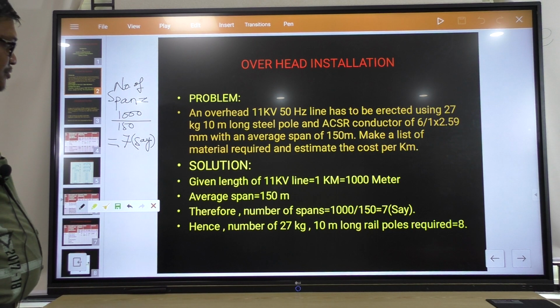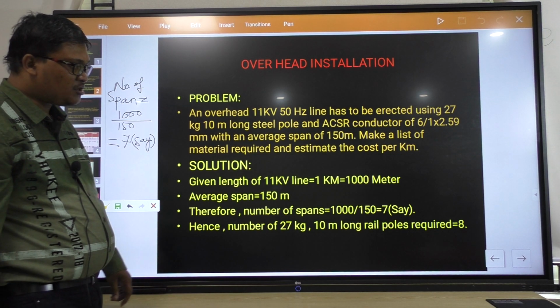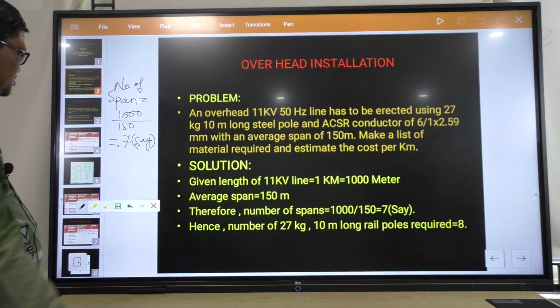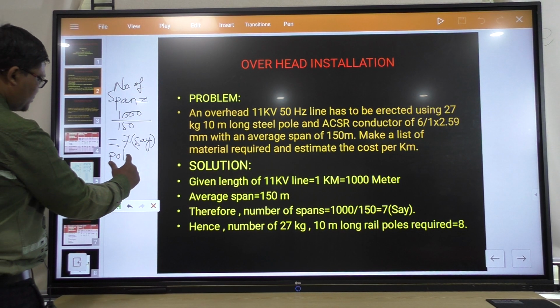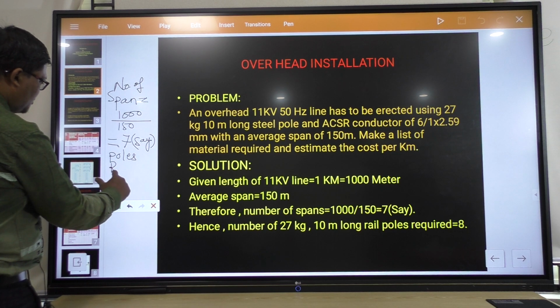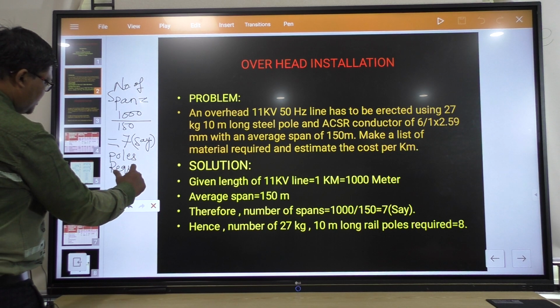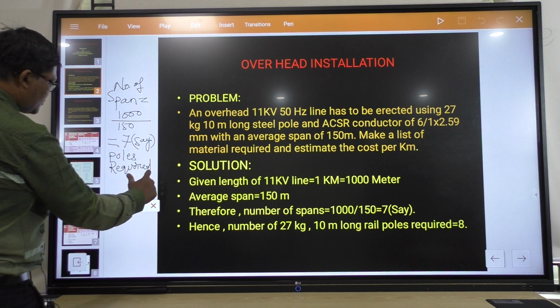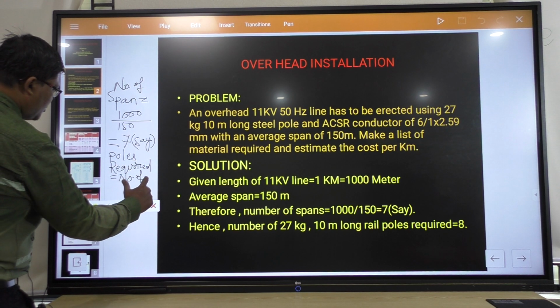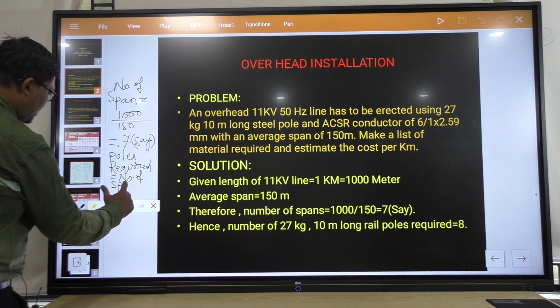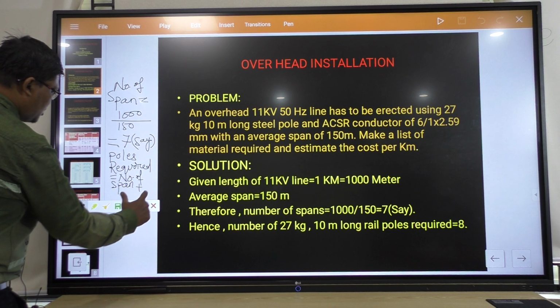Therefore, the number of 27 kg 10 meter long poles required is equal to the number of spans plus 1.